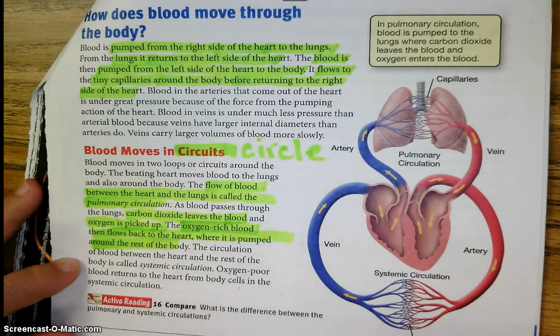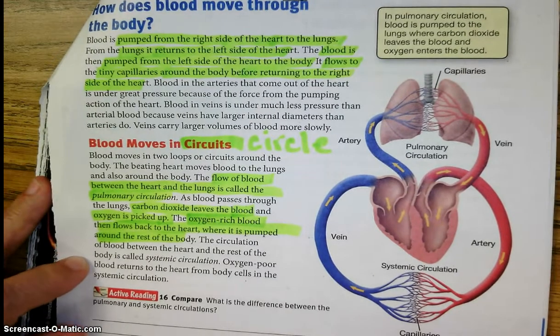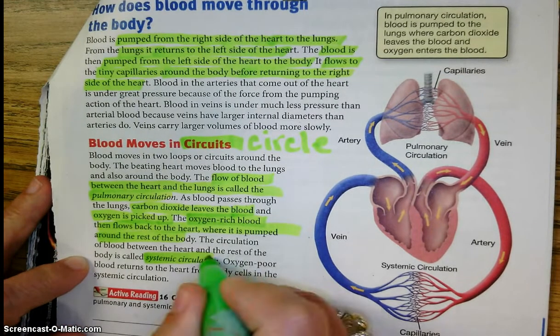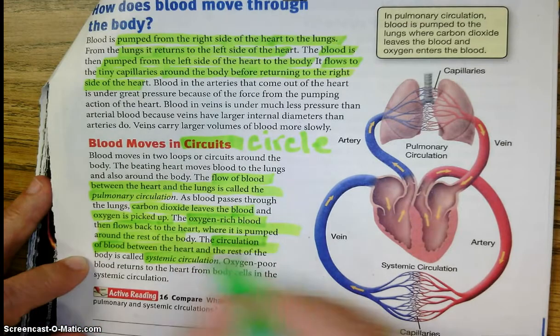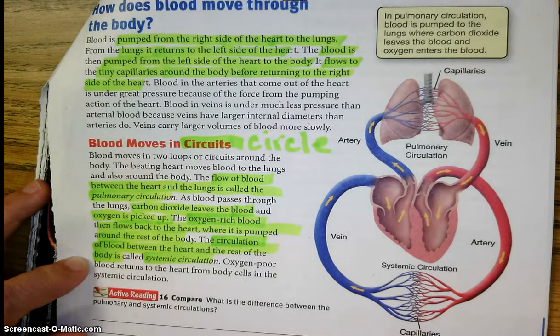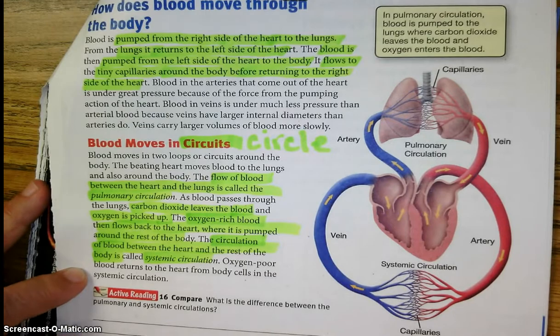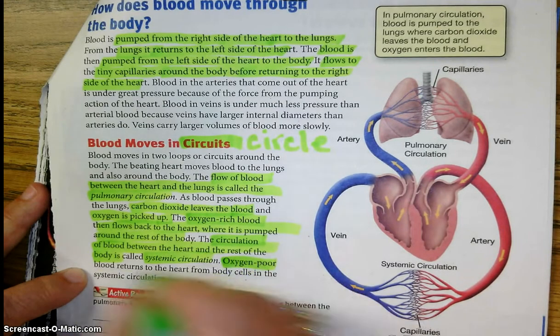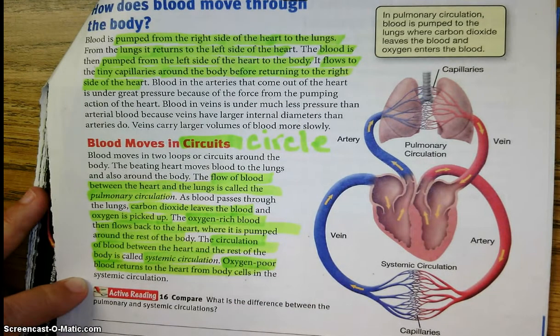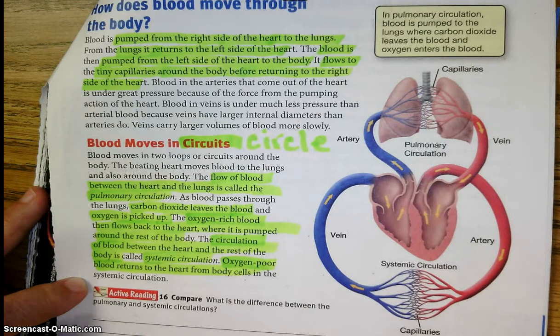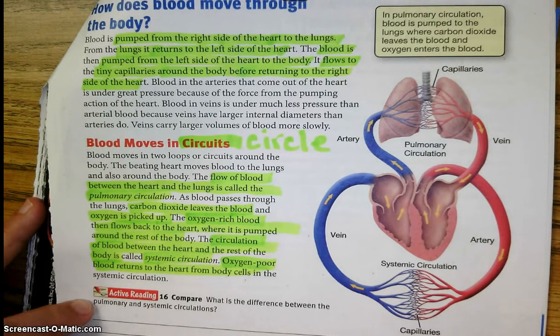The circulation of blood between the heart and the rest of the body is called systemic circulation. Systemic just means the whole system, your whole body. Oxygen-poor blood returns to the heart from the cells in the systemic circulation. So what's the difference between pulmonary and systemic circulation?